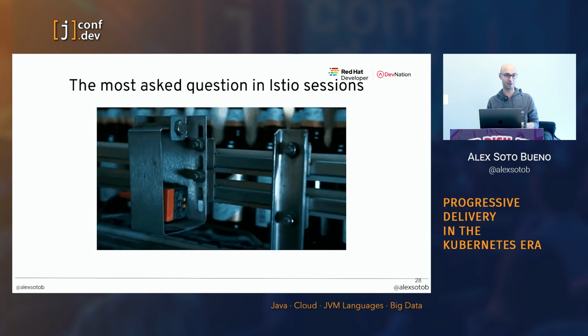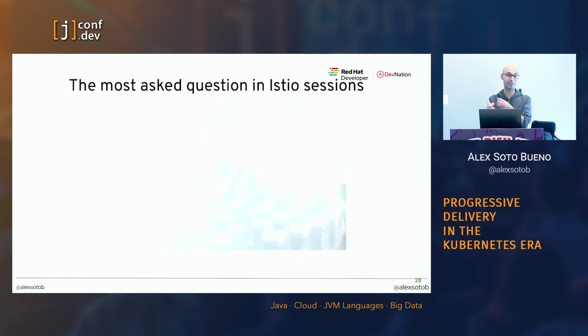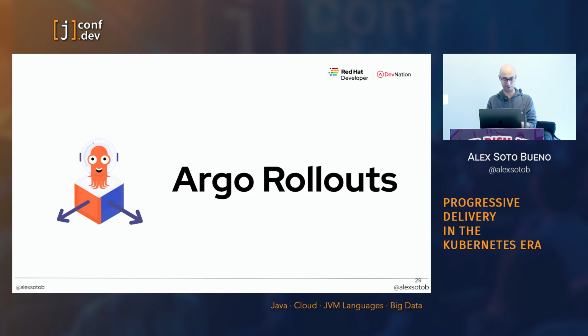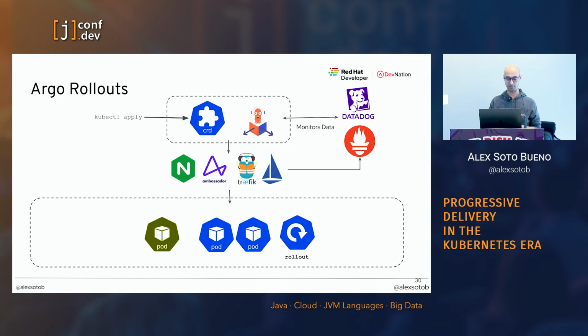You can also automate this rolling update, this progressive delivery, using Argo Rollouts. Argo Rollouts is a Kubernetes controller that offers you new CRDs for implementing this.